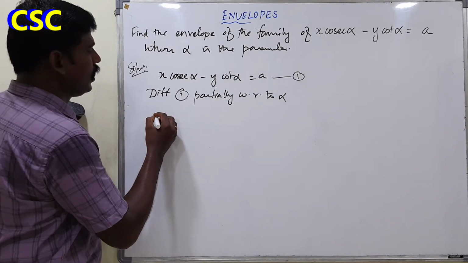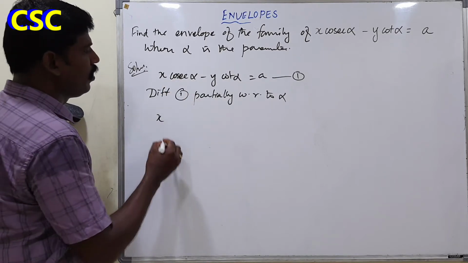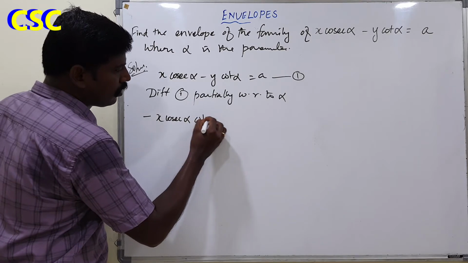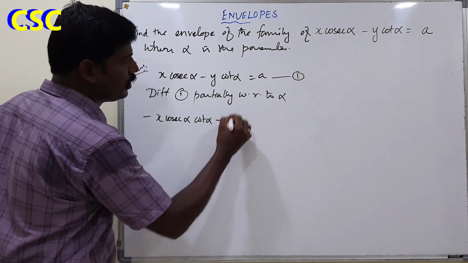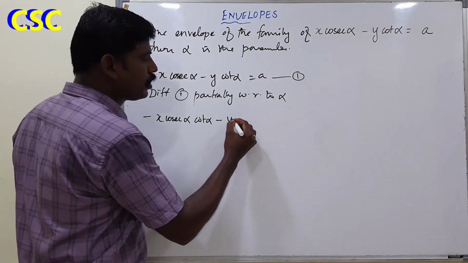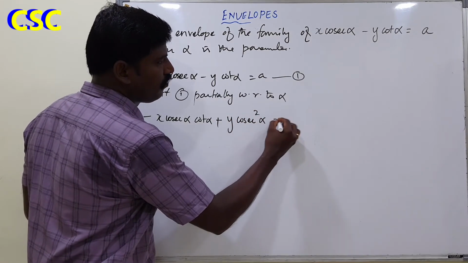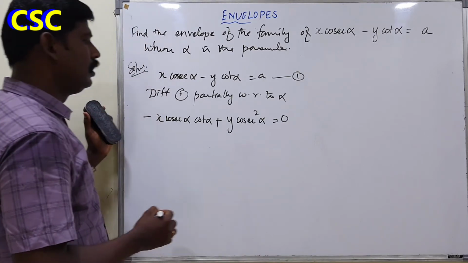So x into the derivative of cosecant alpha, minus cosecant alpha cot alpha, minus y into the derivative of cot alpha, minus cosecant square alpha, equal to the right hand side, which becomes 0.